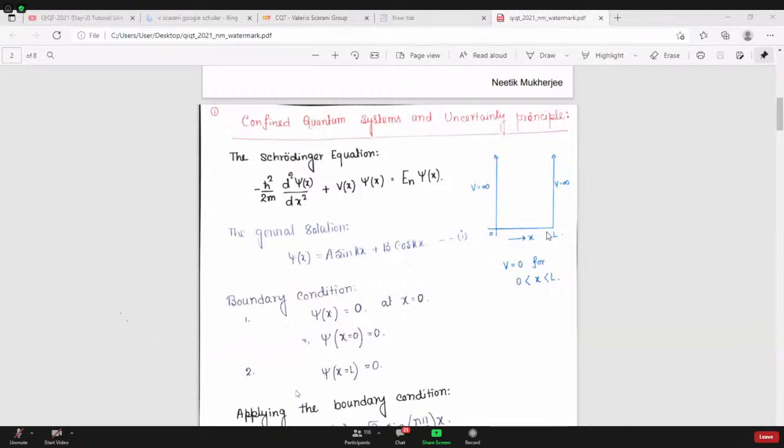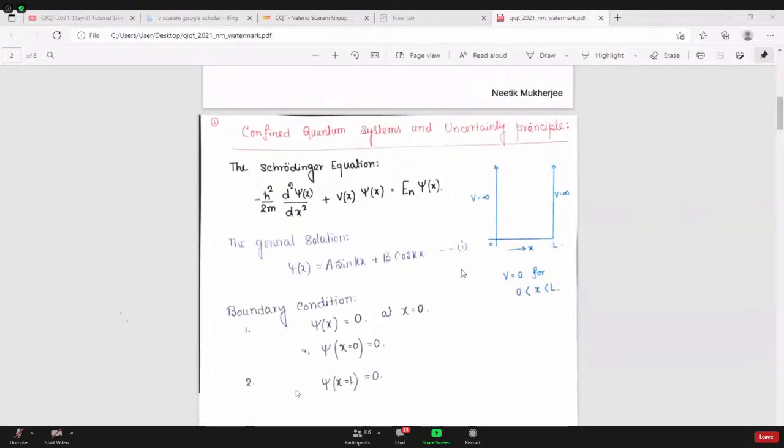You can visualize it like a string with an ant on it; initially it can move from right to left. Once you smear sugar in the center and some bitter things elsewhere, its movement is restricted within the zone where the sugar is. So a particle in a box is like that.